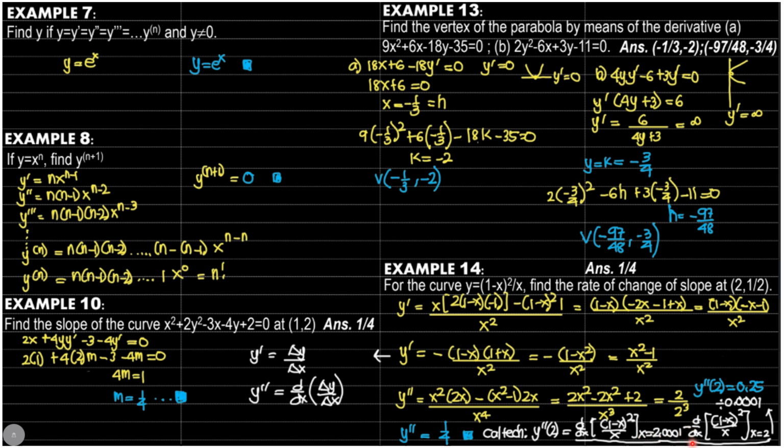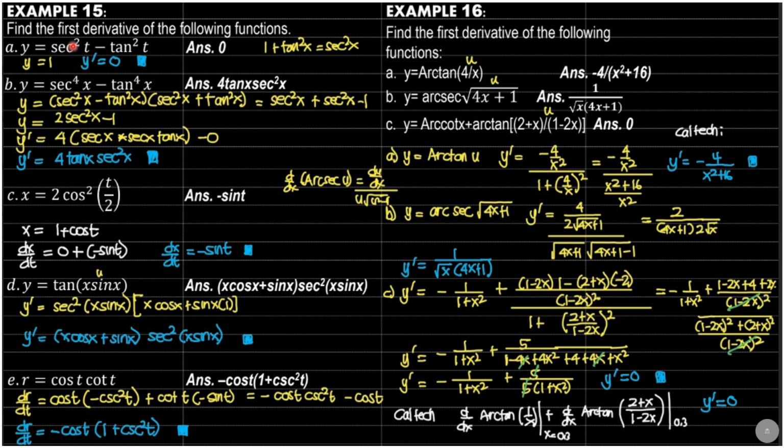Then minus the derivative of the original function at x equals 2. Then all over, this is delta y prime, actually, all over 0.0001, where 0.0001 is 2.0001 minus 2. Then you will get 0.25 from your calculator.